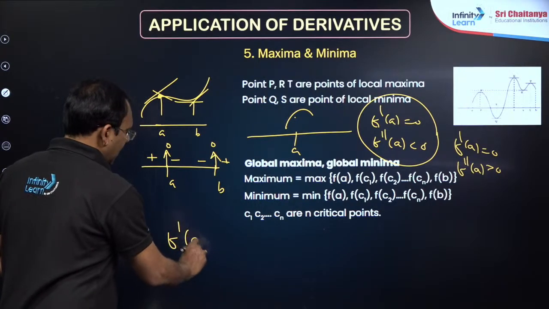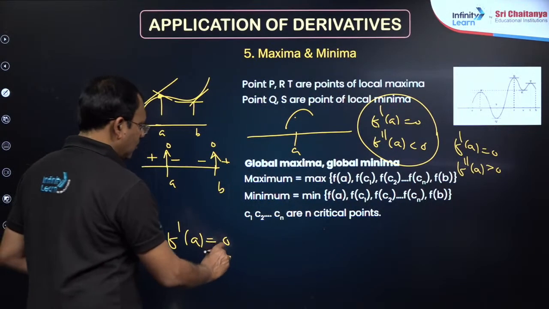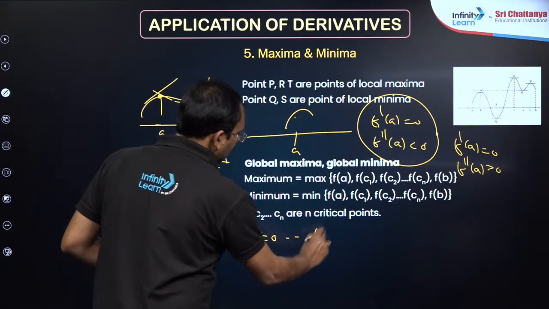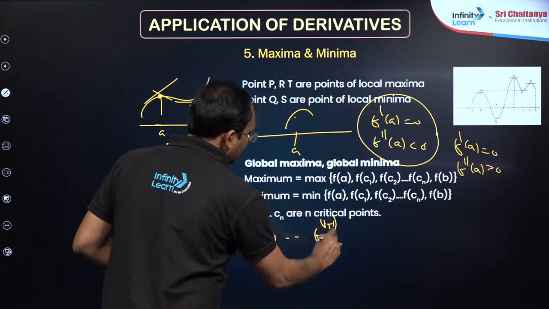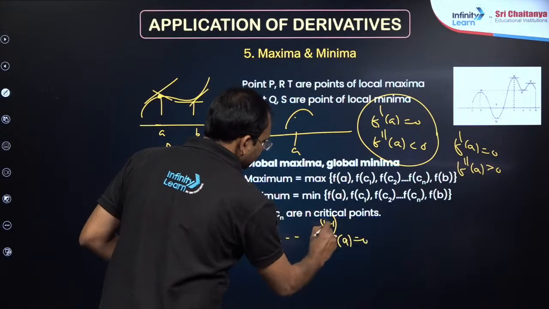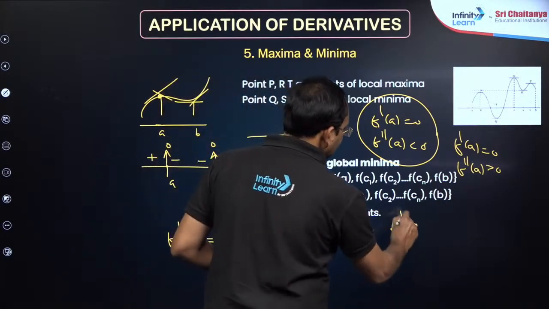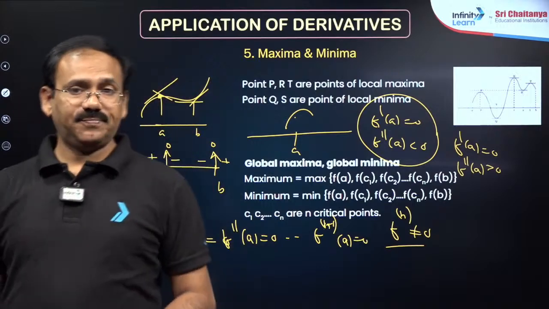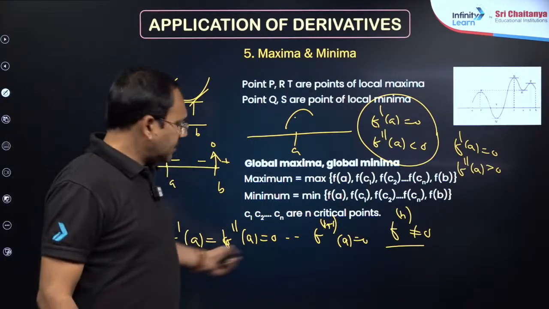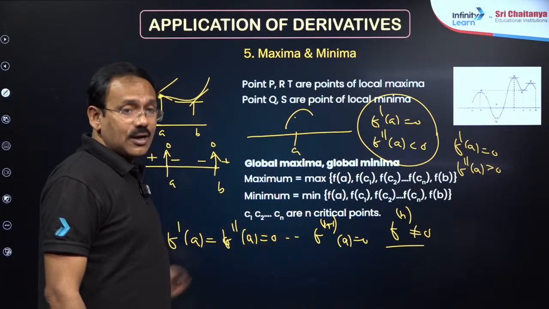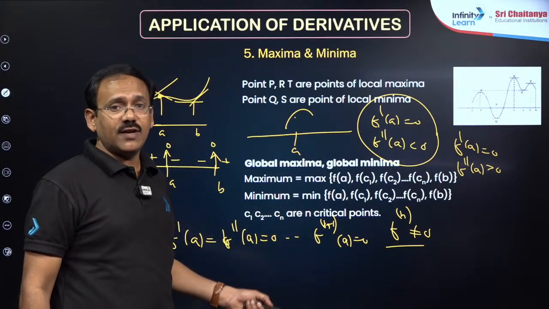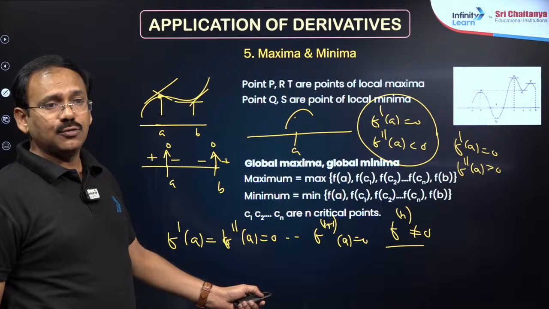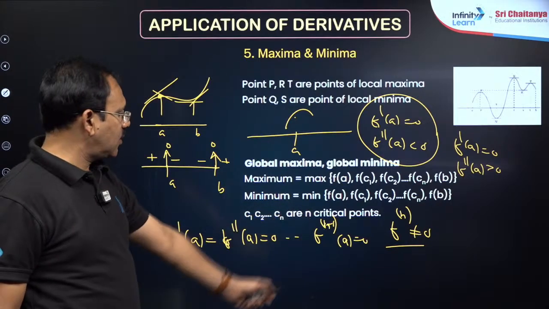Next, my dear friends, suppose f dash of a is 0 and the second derivative is also 0, and suppose you go up to the n minus 1th derivative being 0, and the nth derivative not equal to 0. Suppose up to the second derivative has also become 0 and you have to check the third derivative, fourth derivative like this. In that case, you just go up to the nth derivative.